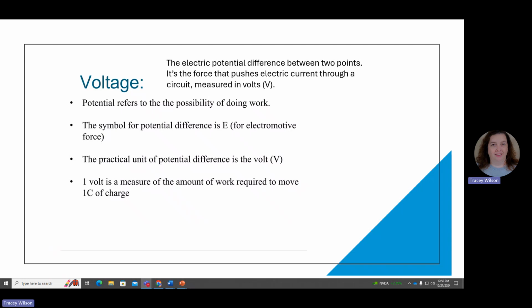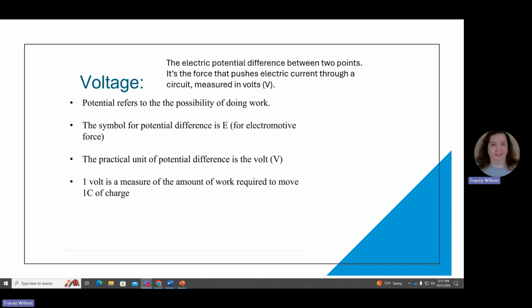So the potential refers to the possibility of doing work. A lot of electronic stuff is based on how much work, horsepower, how much you're going to accomplish with it. We're not going to get into the math of it because that's physics and electronics and engineering. And if you want to know more, please look it up.